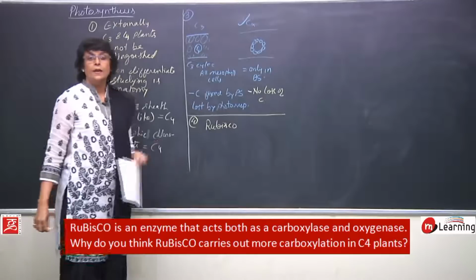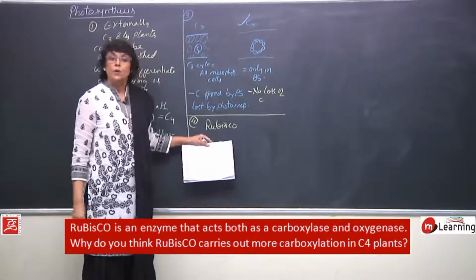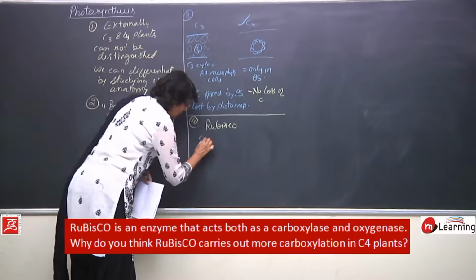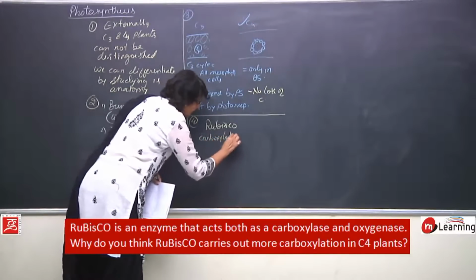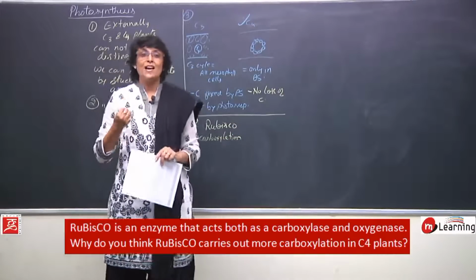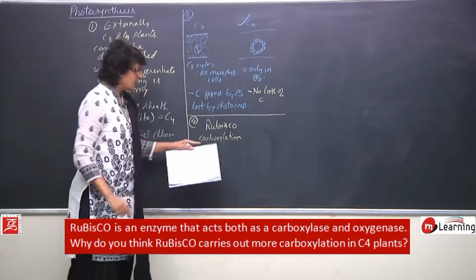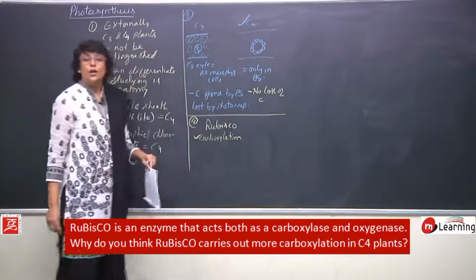Rubisco. In case of C3, what is Rubisco doing? Rubisco is doing carboxylation, that is RuBP accepts carbon dioxide, that is carboxylation. So, it is helping in carboxylation.